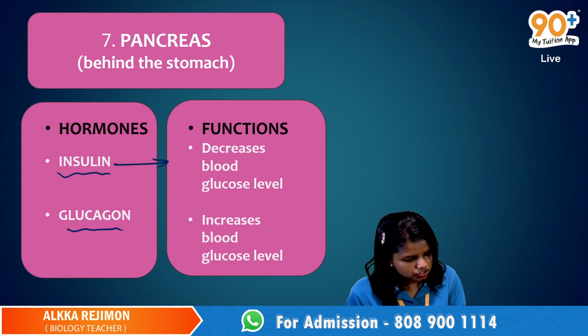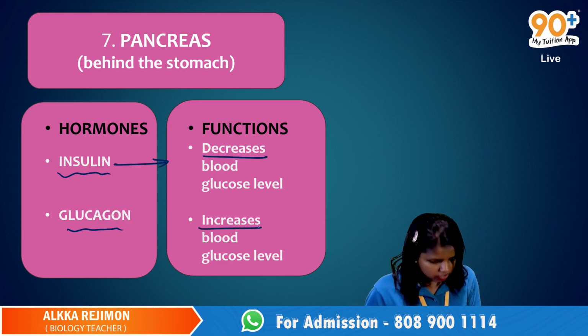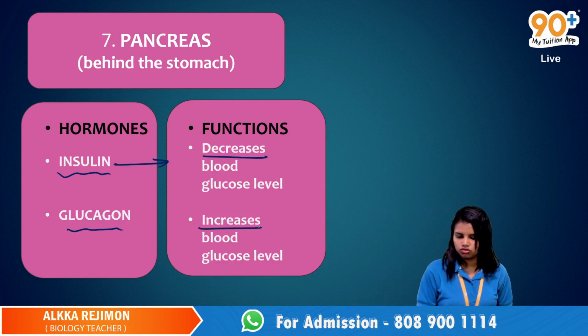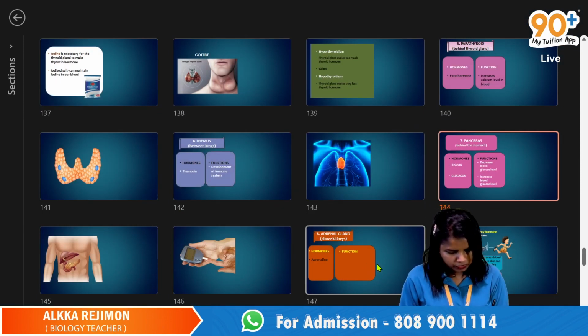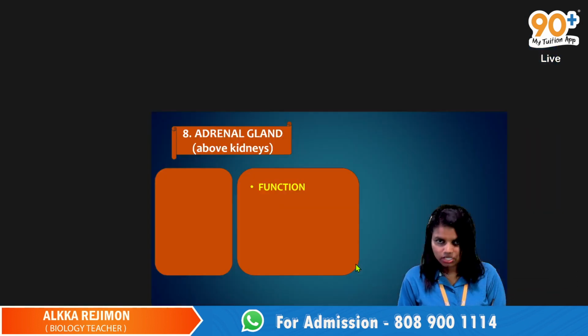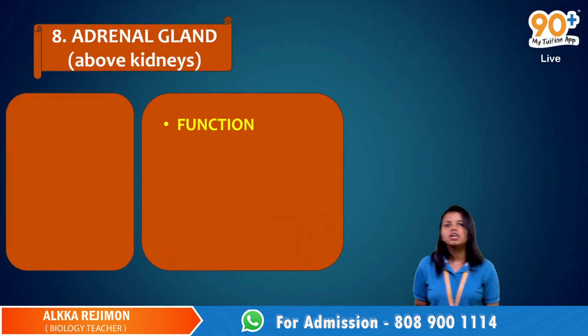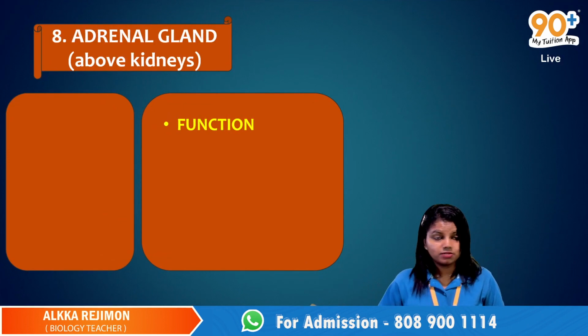Insulin has the function of decreasing the blood glucose, and glucagon has the function of increasing the blood glucose. So they are acting opposite to each other, or they complement each other. Whenever these hormones are absent or in higher amount, it affects the blood glucose level. It can cause diabetes mellitus.